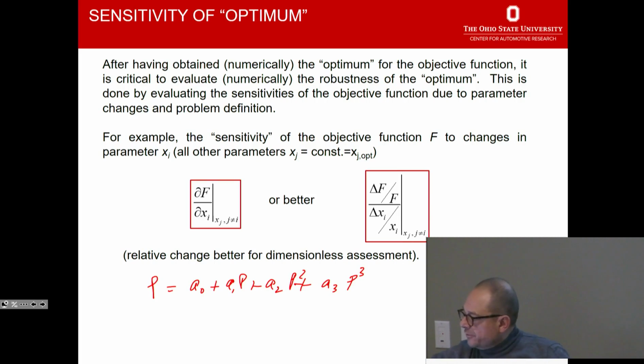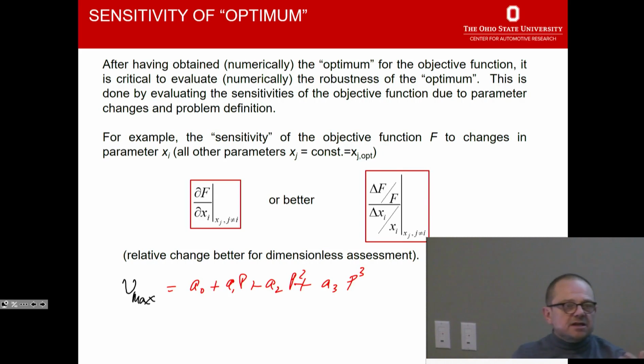That was not power, the first version. It was Vmax, right? My maximum velocity is going to be proportional to the cube of the power, something like that, okay? We had selected coefficients A0 to A3 based on what? On some data that had been collected on vehicles with different powers.